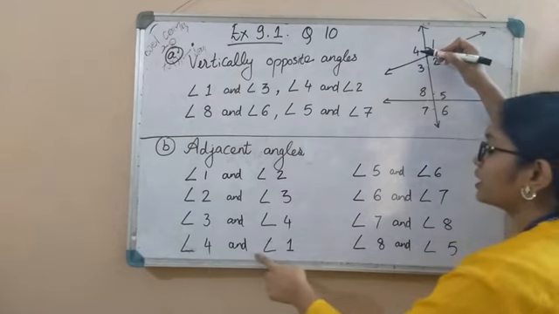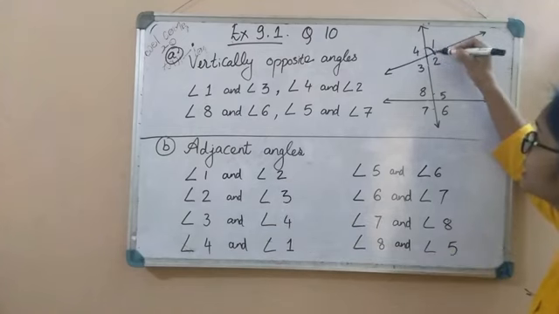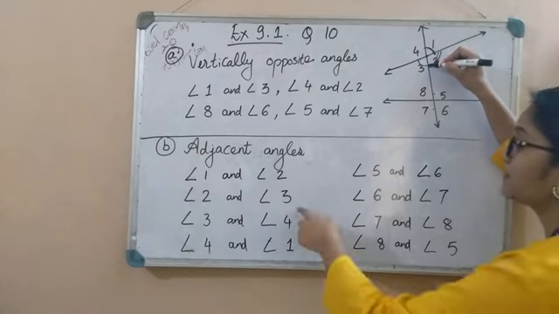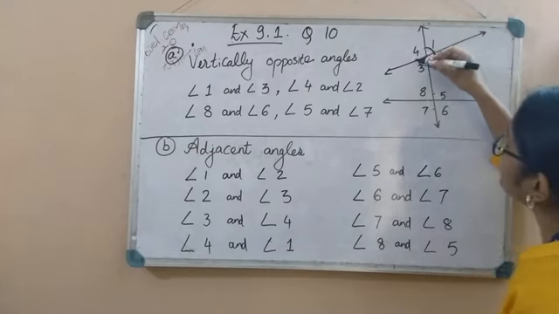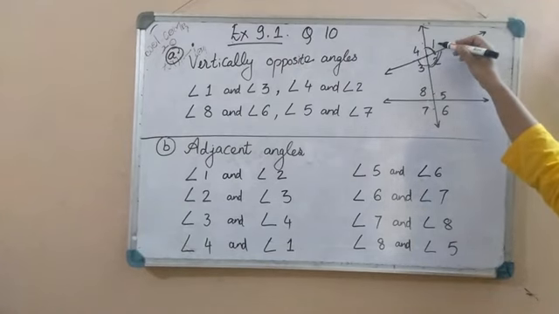Angle 1 is adjacent to angle 2, angle 2 is adjacent to angle 3, angle 3 is adjacent to angle 4, and angle 4 is adjacent to angle 1.